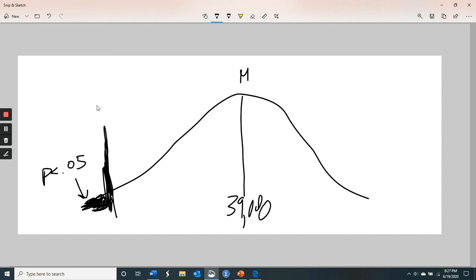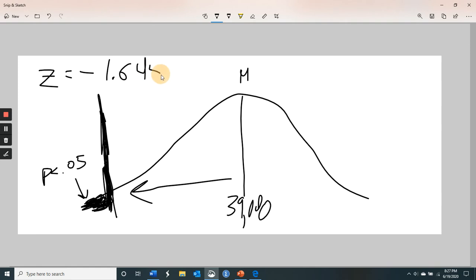And remember that this line, this critical value, we're going to call it critical value. The z is, and it's negative. Why is it negative? Because we think our sample mean is going to be lower than our population mean, so it's negative z. Remember, our z is always 1.645. Why?